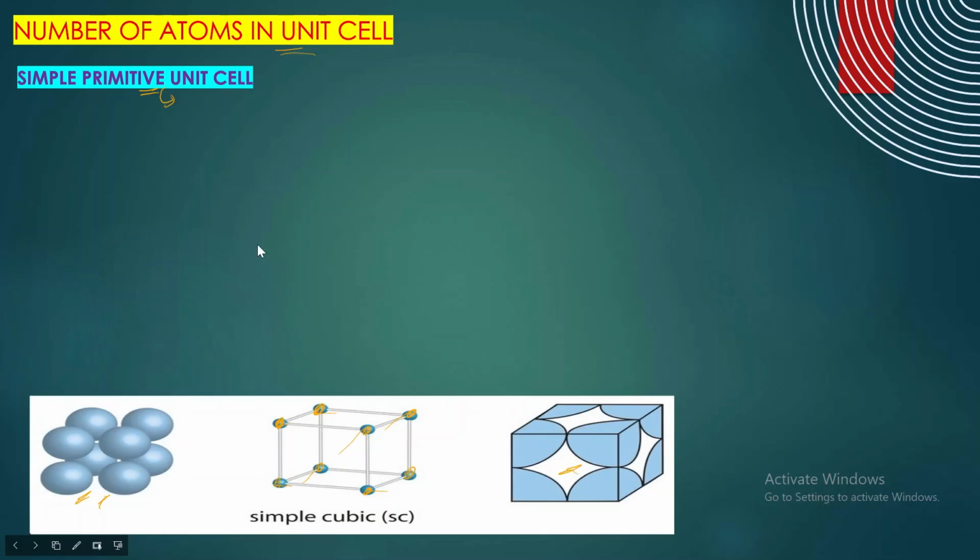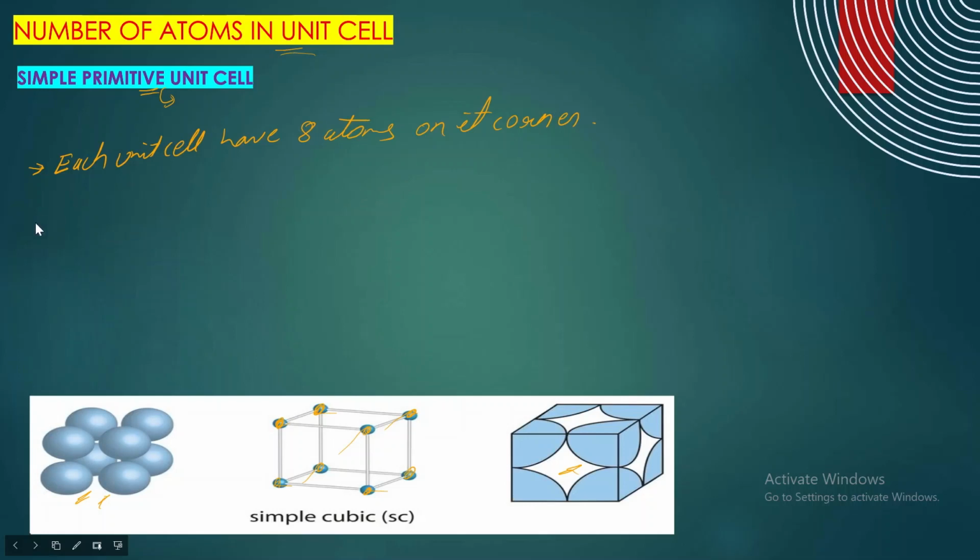So to find the number of atoms in a unit cell, first, each unit cell has 8 atoms on its corners. Now you have to count them: 1, 2, 3, 4, and 4 are downward, so all are 8.